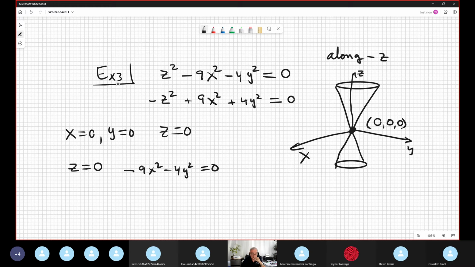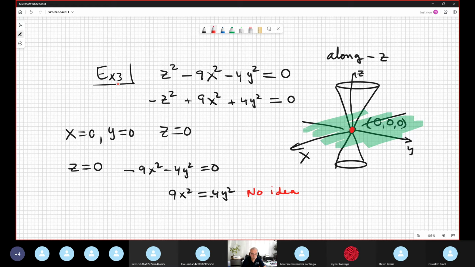Entonces, well, I have no idea. 9x squared equal 4y squared. I have no idea. This is 1 square root both sides, but it's negative. Entonces, when this situation happens, it's weird. Es obvio que when you are doing the trace in the plane XY, look, this is the plane XY. The trace is just a point, that point. We have no idea.